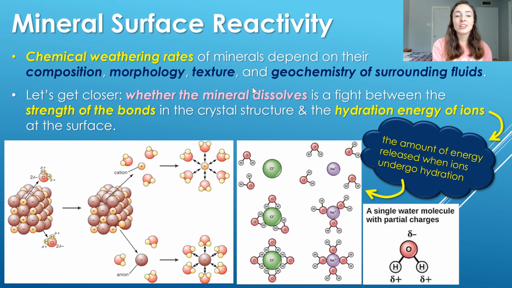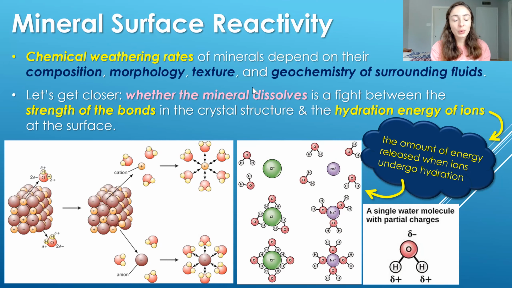So first, let's go over a little bit about mineral surface reactivity and how that affects mineral weathering rates, or more specifically, mineral dissolution rates. So chemical weathering is a little different than physical weathering. Physical weathering, which we'll talk about in a few slides, is more the physical breakdown of rocks because of physical processes, such as plants' roots thriving into rock fragments in the bedrock of soil and breaking it apart physically.